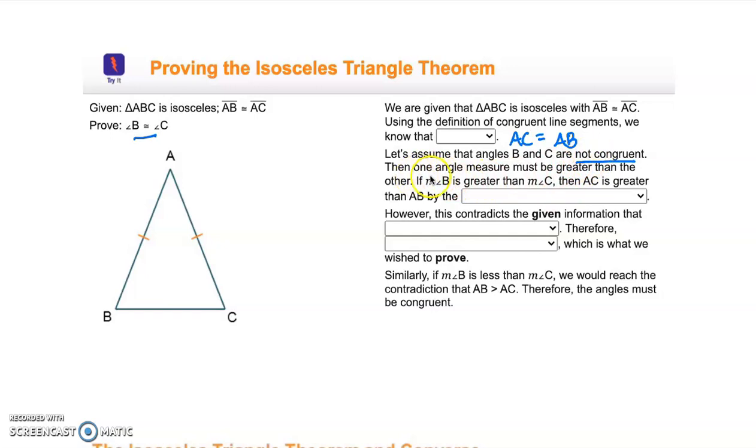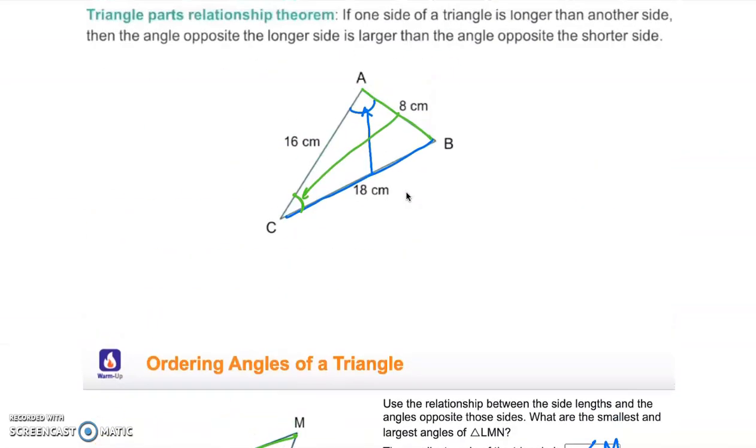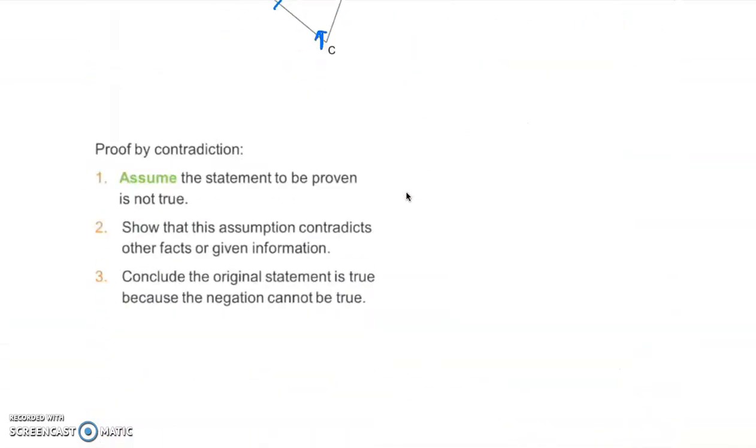If that were true, then one angle must be greater than the other. So if B is greater than C, then we would know that AC is greater than AB, the opposite sides, because of the triangle parts relationship theorem.